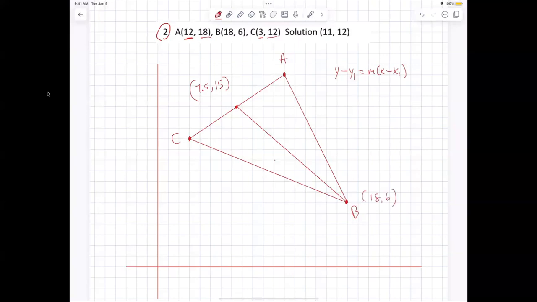But the next important thing is we need the slope. Do we agree? Yeah. I need my slope. So I went from 15 down to 6. So that's what? -9. Does everybody agree with that? Over. Then I went from 7.5 to 18. What is that? 10.5. So there is my slope. Now take your handy dandy calculator and do -9 divided by 10.5.